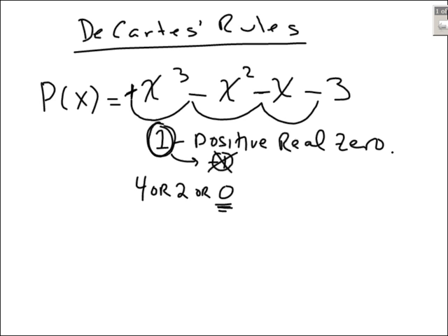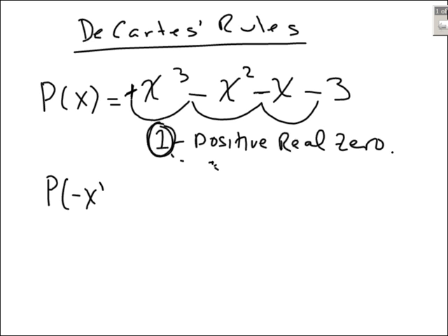So in this case, we definitely know this polynomial has one positive real zero. Guaranteed no matter what. Descartes' rule. Now, we just talked about positive real zeros. What about negative real zeros? Well, if you look at p of negative x, and then find the number of sign changes, you can figure out how many negative real zeros.